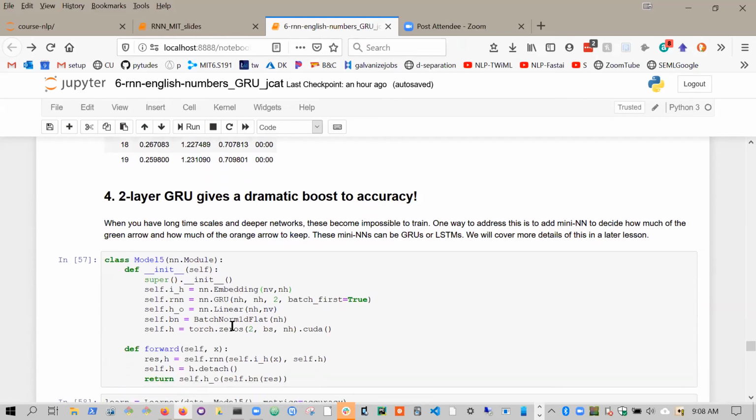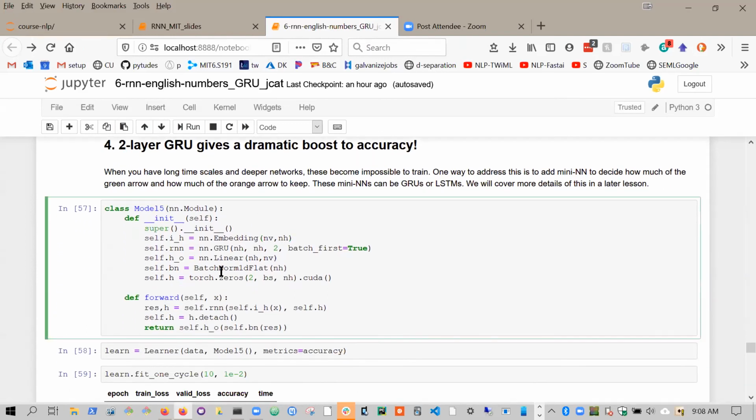And then there's this thing called a GRU, which is basically the RNN architecture with an extra gate. I haven't shown that. I suspect we're going to look at that more in a later lesson. But right now, the reason for the GRU is to get over the problem of vanishing and exploding gradients.